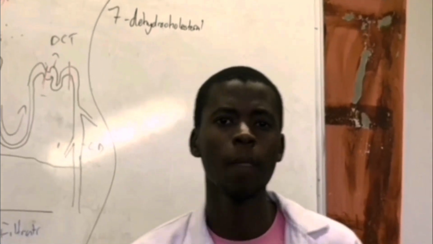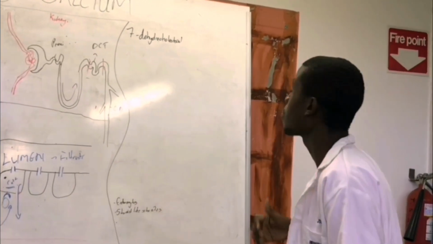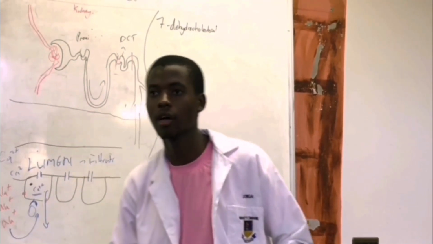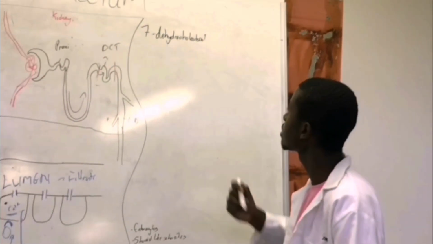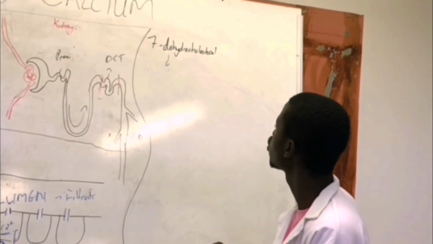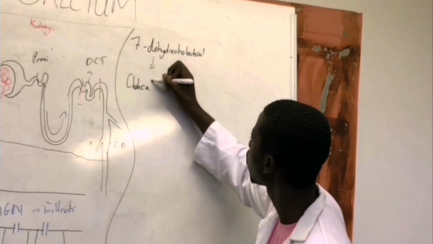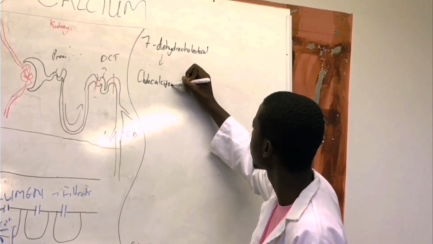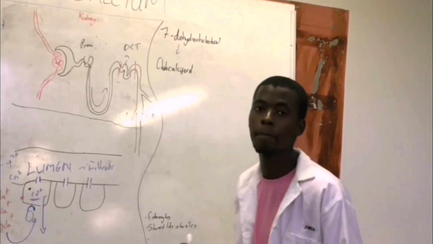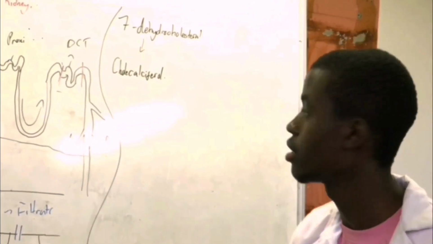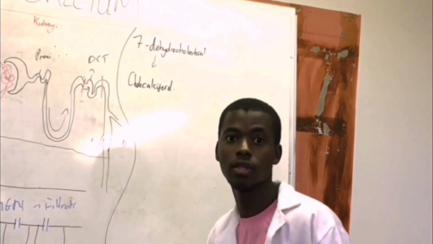Now this 7-dehydrocholesterol, upon stimulation from UV radiation, ultraviolet radiation from the sun, is converted to cholecalciferol. Now this cholecalciferol migrates to the liver, inside your body. It migrates to the liver.